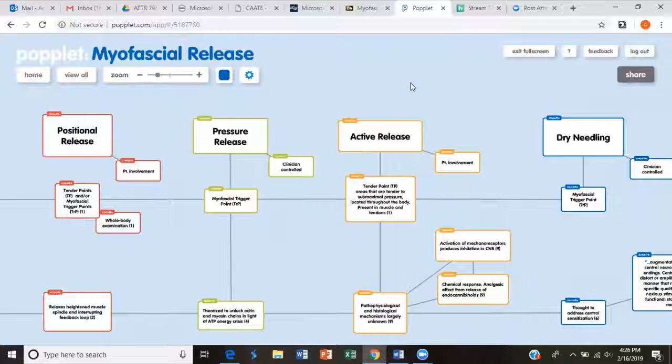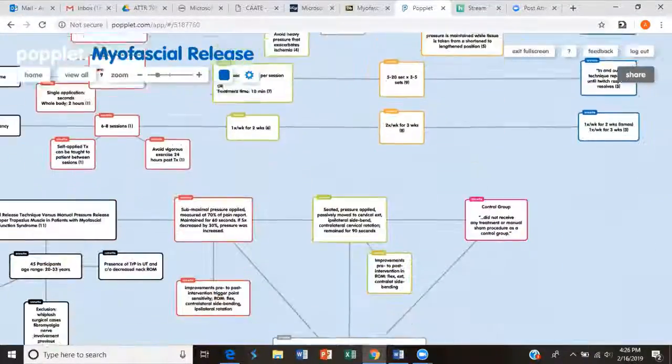And so in that case, clinician controlled treatment of pressure release may be better. If the patient likes to speak up and likes to give feedback to the clinician, then positional release and active release is a good treatment in order to encourage that patient to be involved in their therapy.